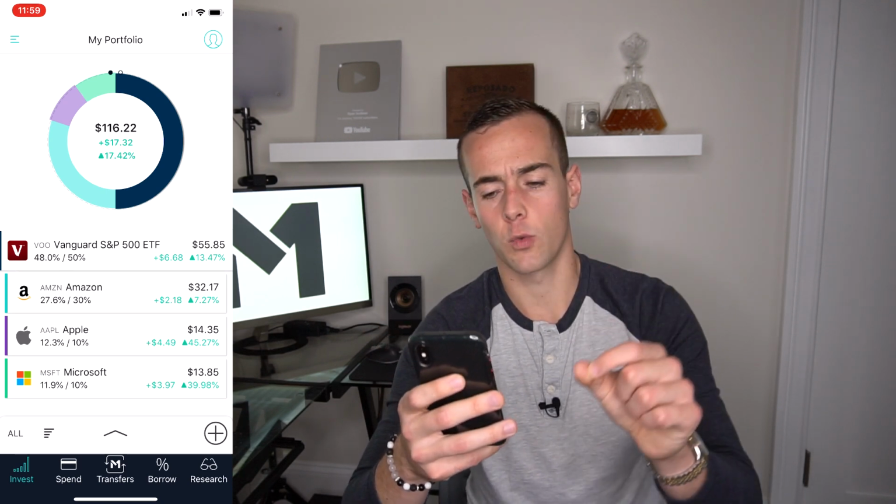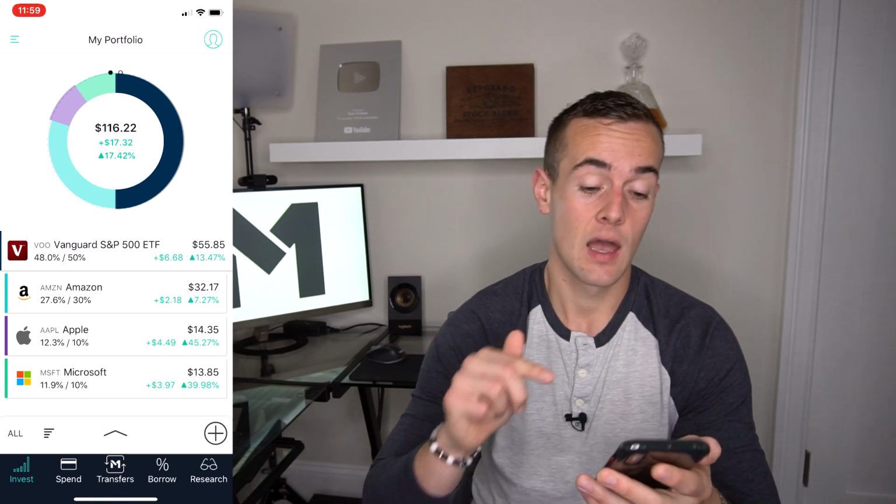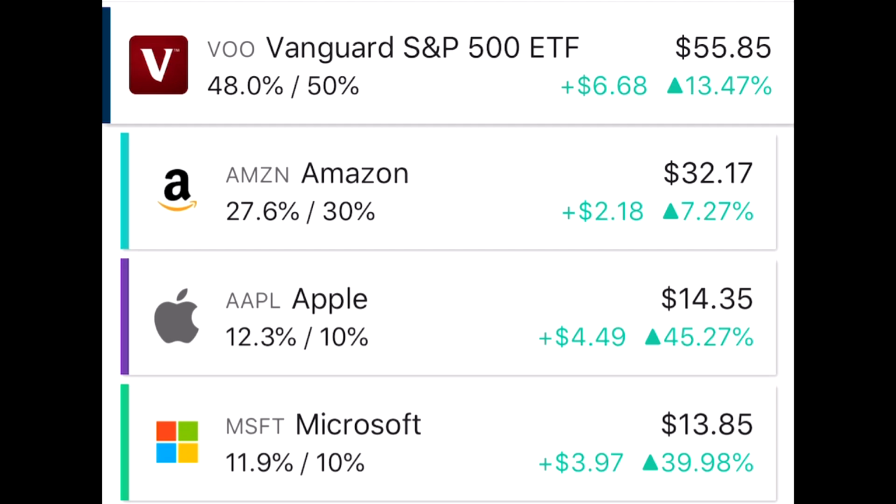I'm a little bit underweight in Vanguard and Amazon, as you can see by the percentages. My goal was to have 50% of my money in Vanguard, it's at 48. My goal was to have 30% of my money with Amazon, it's at 27.6. And I'm overweight in Apple and Microsoft. I currently have 12.3% of my portfolio in Apple and 11.9% in Microsoft when my target allocation was 10.